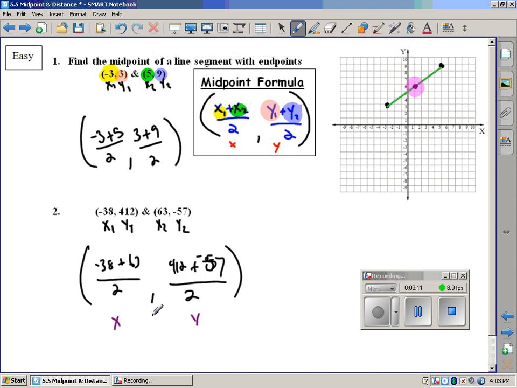I could still find the midpoint here. I don't have a calculator on me, so I'm not going to do that one right here, but you can do it, and you'll see it for yourself.